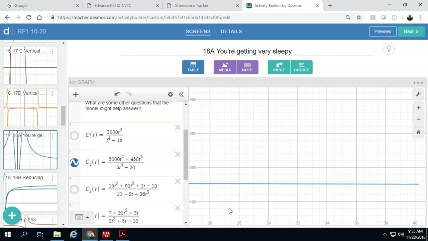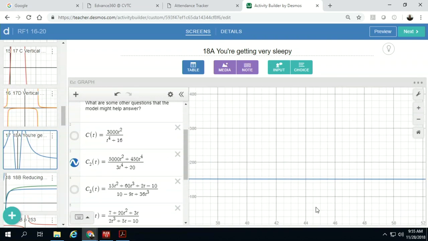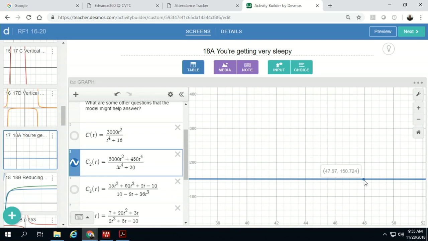So let's say 1 day or say 2 days later, the drug concentration gets really, really close to how much? 0? It doesn't look like it. Oh. What is that number? 150. Part B.